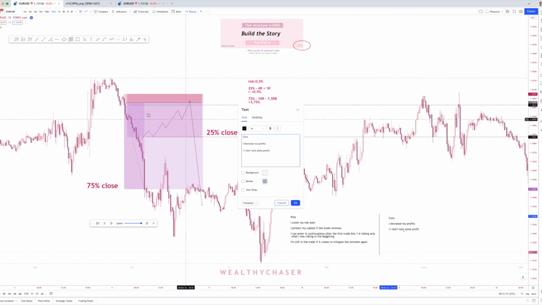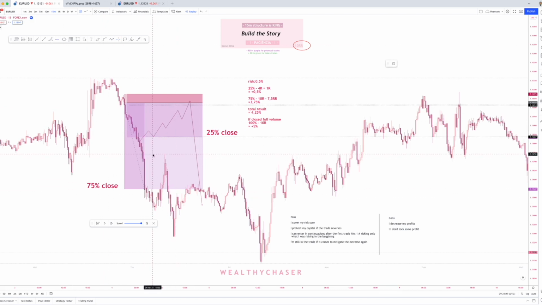When you typically move your stop loss from certain zones, you're also making sure that you will be profitable in this trade. So imagine you did this and you moved your stop loss to here. If the trade reverses before it hits your take profit, you're going to make sure that you bank some R here, right? Not moving your stop loss means you don't lock some profits and you don't make sure that you're going to be profitable in this trade.